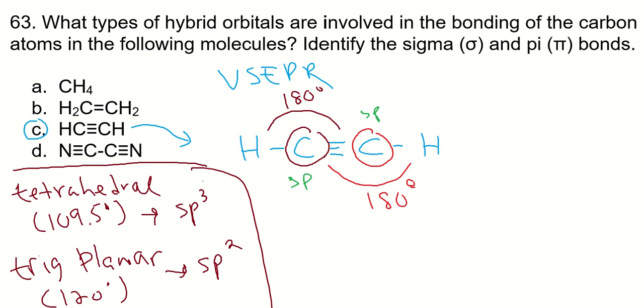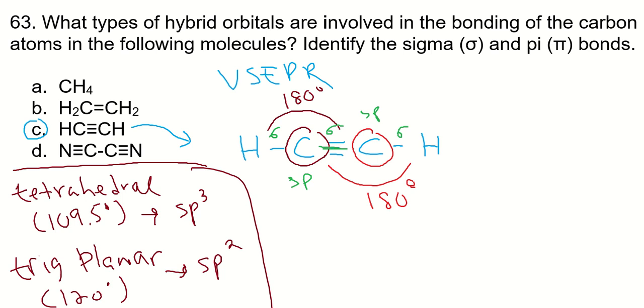Now, a quick way to answer the sigma and pi question, which is what it's asking us in part 2. Every single bond is a sigma bond. So the single bond connecting the carbon-hydrogen, that's a sigma bond. And the first bond in a multiple bond is also a sigma bond. So we'll say that bond right there in the middle is a sigma bond.